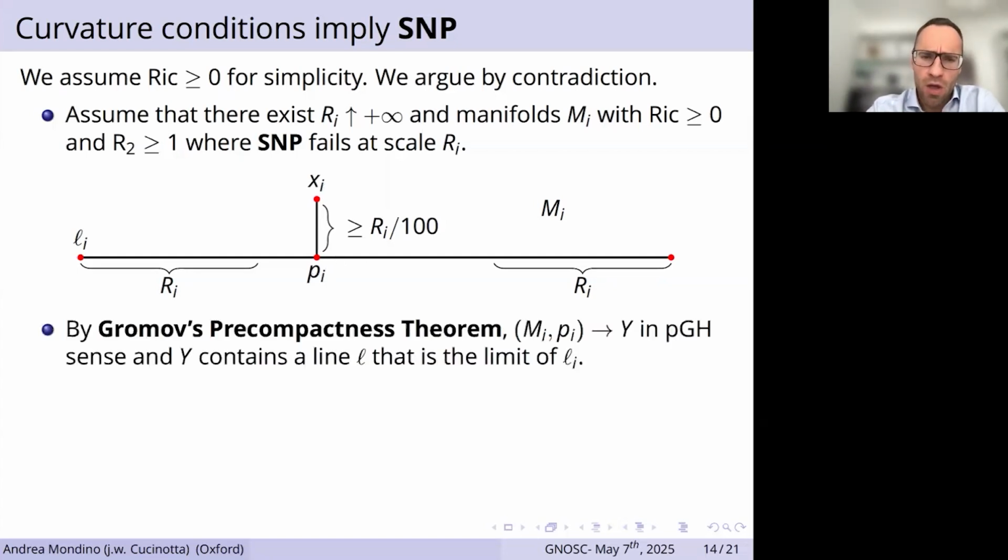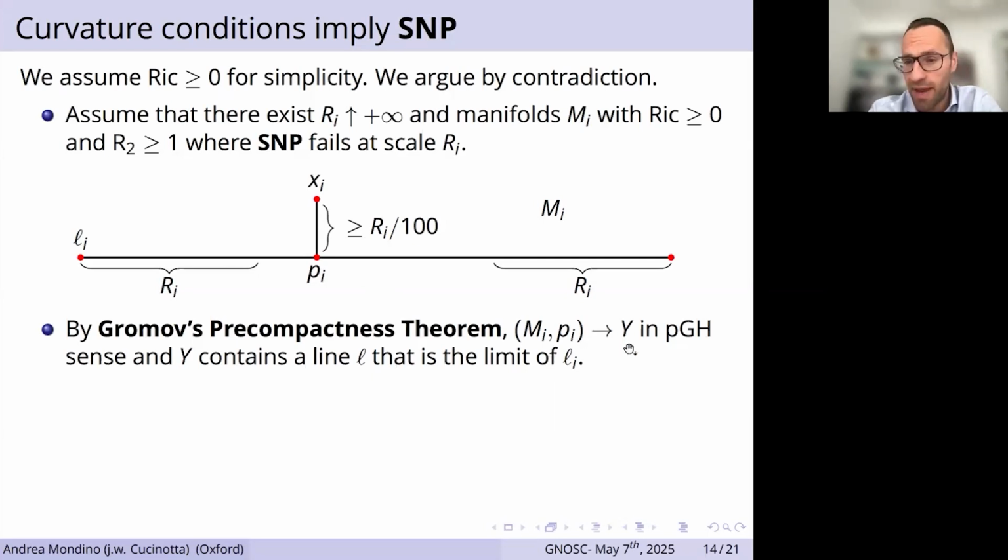Okay? So now, since we have non-negative Ricci, we can apply Gromov compactness theorem, which tells us that this pointed manifold converges to some limit metric space Y in the pointed measured Gromov-Hausdorff sense. And we can pass to the limit these longer segments and obtain a line L, which is the limit of these longer segments Li.